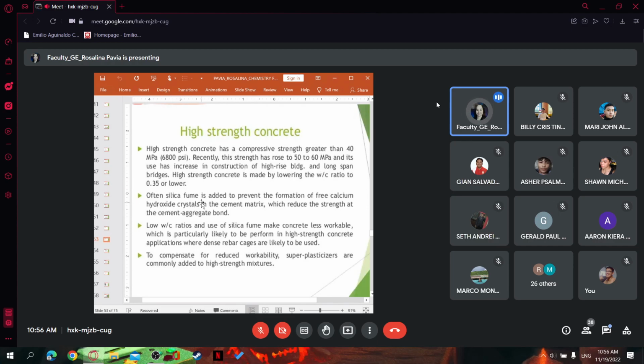Often, silica fume is added to prevent the formation of free calcium hydroxide crystals in the cement mix, which reduce the strength at the cement aggregate bond. So, pag sinabing the formation of free calcium hydroxide crystals, saan manggagaling tong free calcium hydroxide na ito?